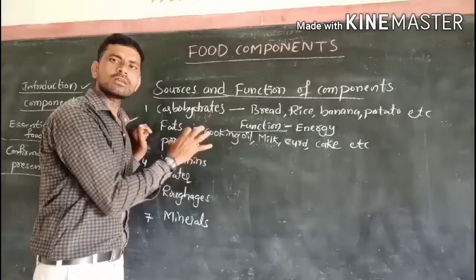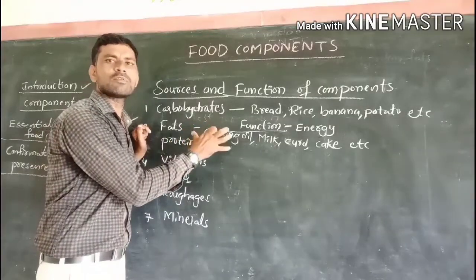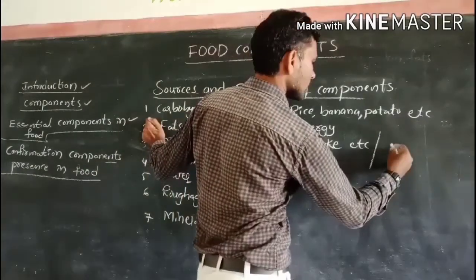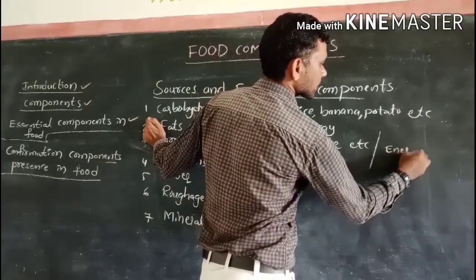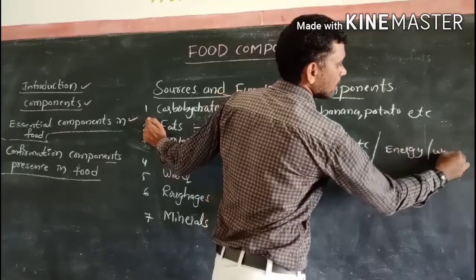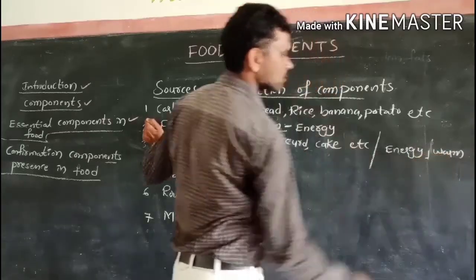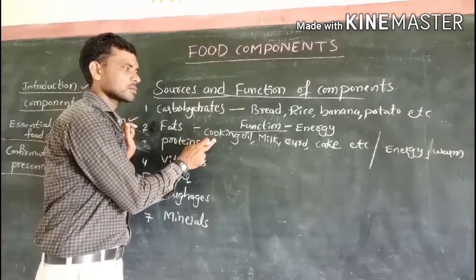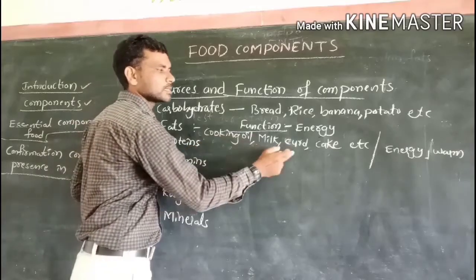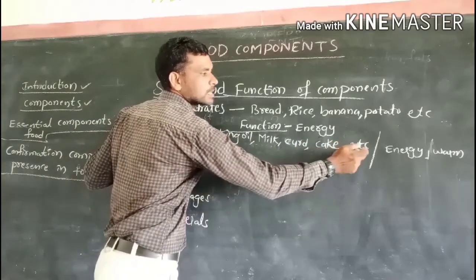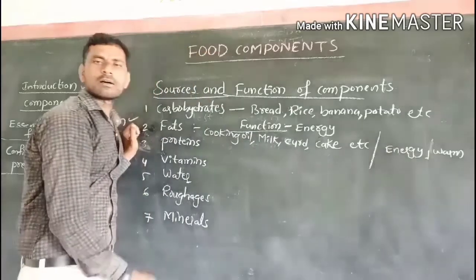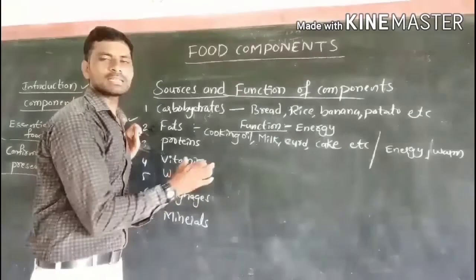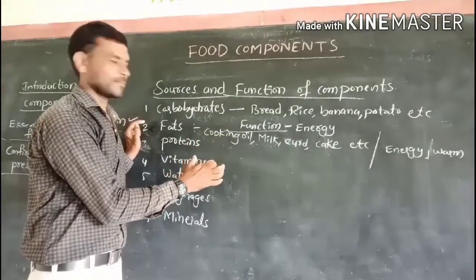These fats also give us energy, plus they keep our body warm. So remember this: the sources of fats are cooking oil, milk, curd, cake, etc. The main function of fats is to keep our body warm, and they also give us energy.